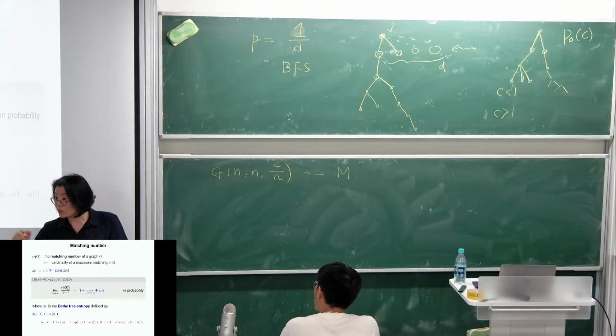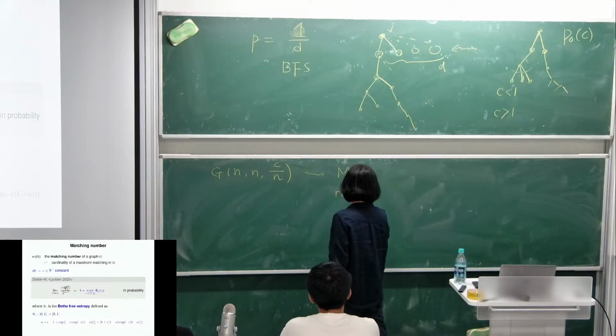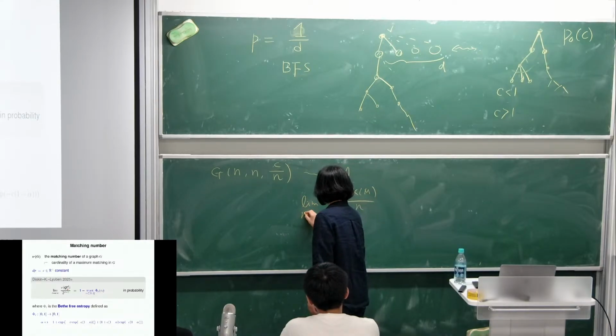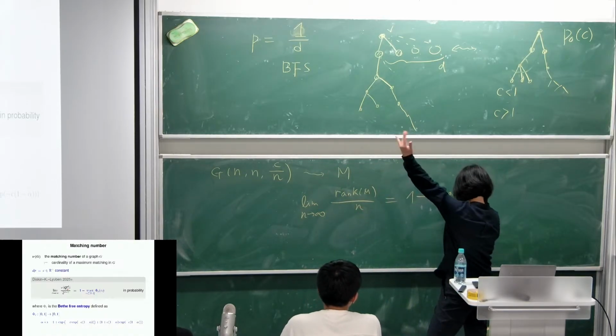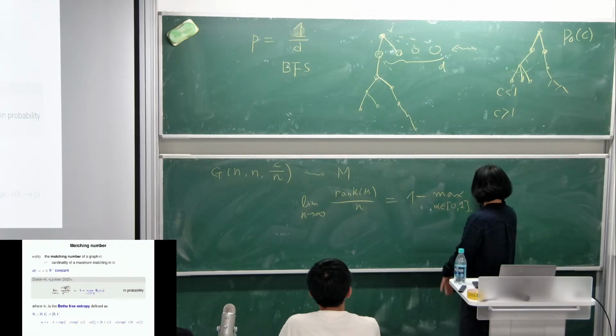Then the rank of that model divided by n converges to that thing, the free entropy, sorry.